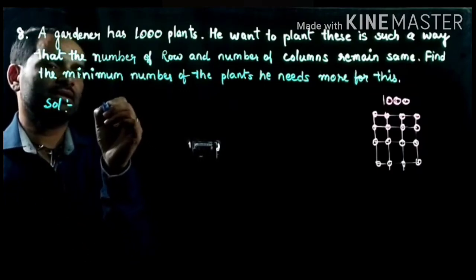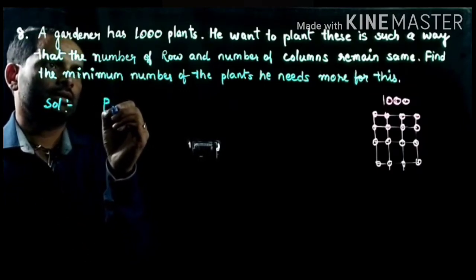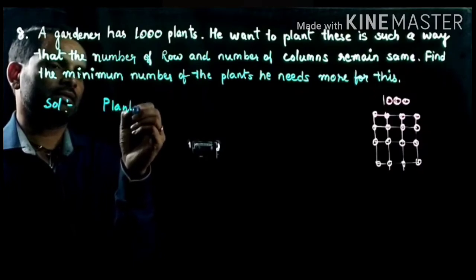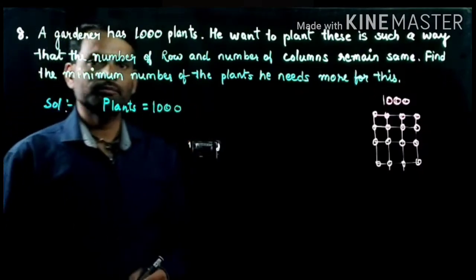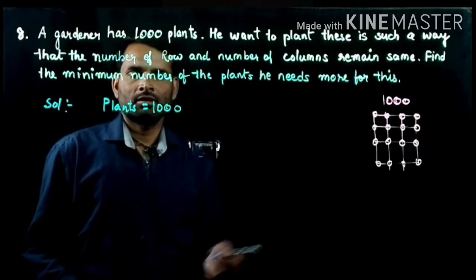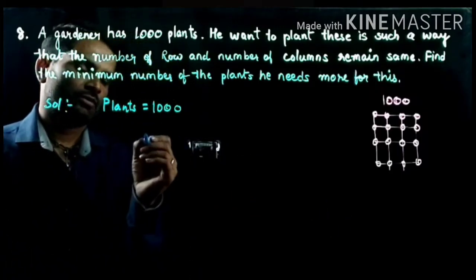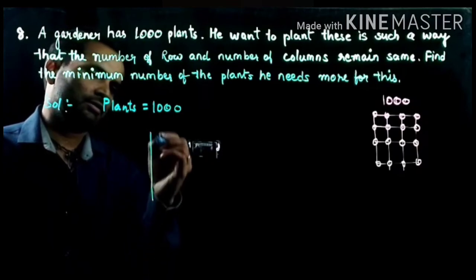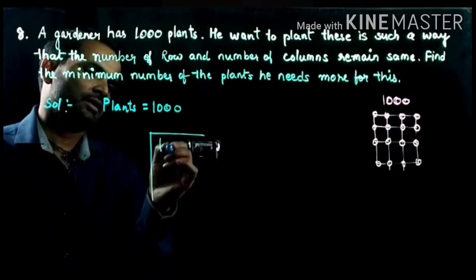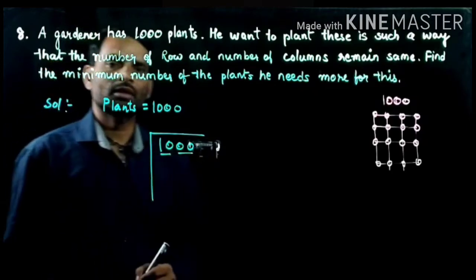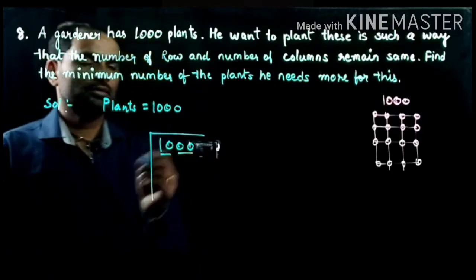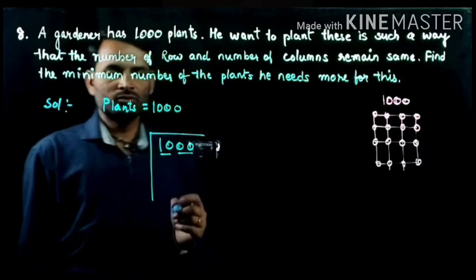Then the number of plants is 1000. Find the square root by the division method. 1000 will be made into pairs, and 10 will be the first pair.